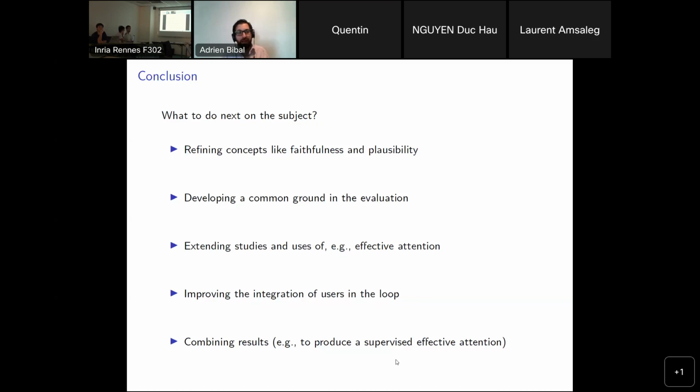Well, so there are at least two answers. First one, the one about transformers. As I said, there are a few papers on transformers, and one of the reasons is that it's not easy to find explanation in these transformers. Most of the papers only provide global ideas, because you have many attention heads looking at different things in the document, in the image, and so on.